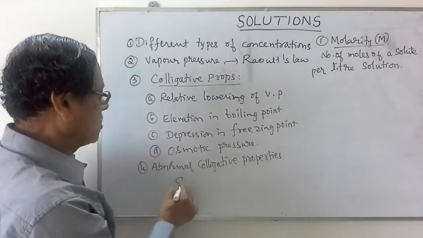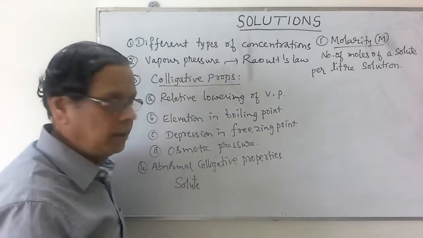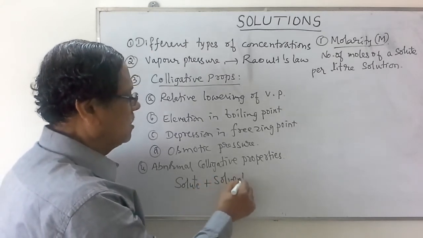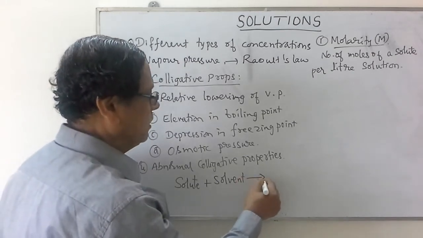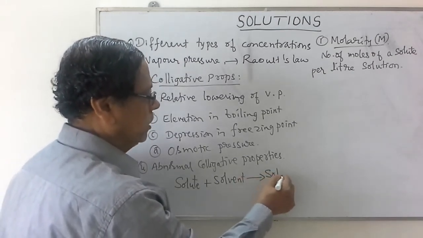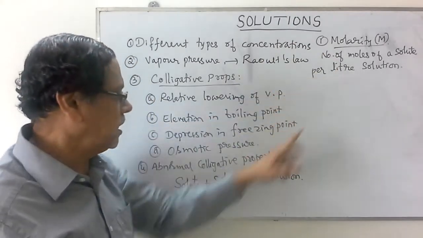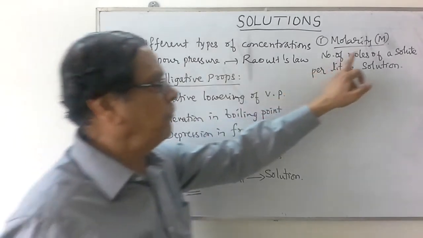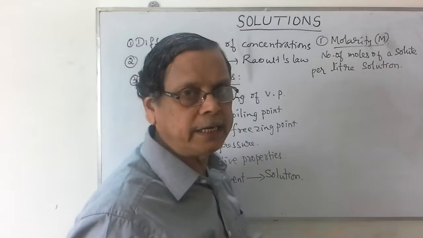Usually the solute is the substance present in the small amount. If a substance is present in the large amount, it is considered as a solvent. When we get a homogeneous mixture, it is called a solution. Usually all these concentrations are expressed in terms of the solute. So the number of moles of a solute per liter of solution is called the molarity of the solution.